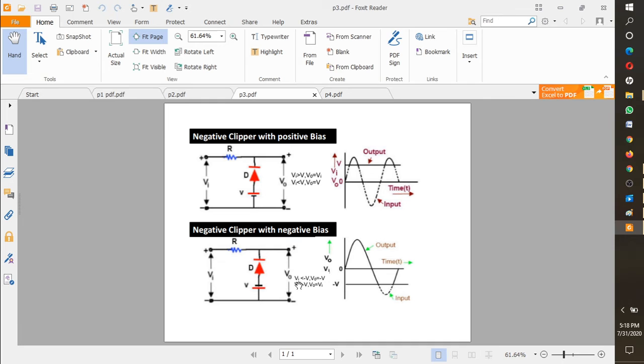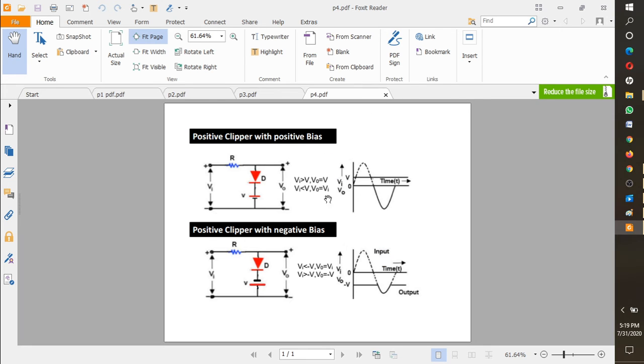Here when Vi, that is input voltage, is less than the reference voltage minus V, V0 is equal to minus V. In this case the diode is forward biased, so under ideal diode approximation again output will be equal to minus V. And for input voltage greater than minus V, the diode is reverse biased, so this path is now open and as a result we will get input voltage as it is at the output.